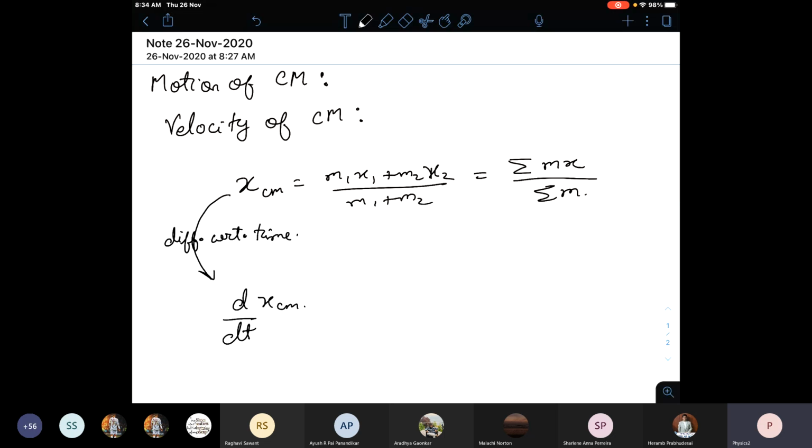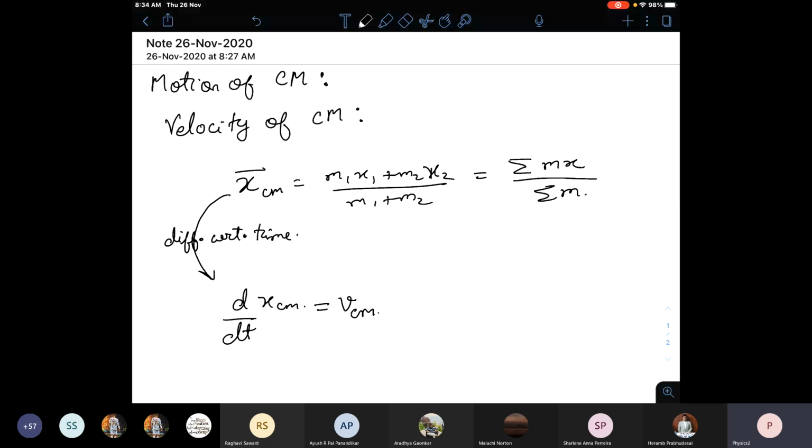So if you differentiate your position, your distance, your displacement, it starts representing your velocity. It starts representing speed of cm or velocity of the center of mass.